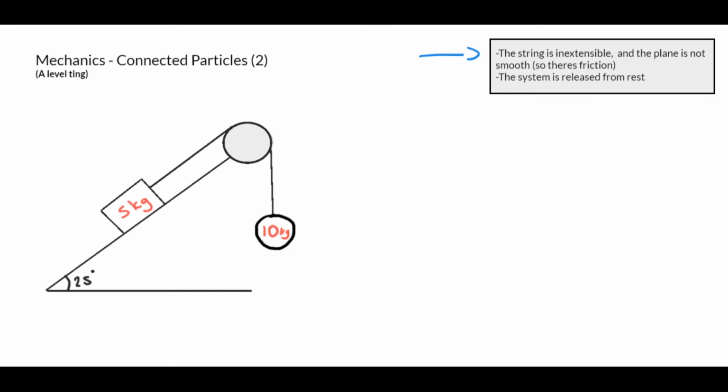Next thing, it says the plane is not smooth. If the plane is not smooth, and by the plane they're talking about this thing here, the concrete, the floor, you get me? This 5 kg is sitting on the plane, and they're saying it's not smooth. Now, if it's not smooth, therefore, there's friction. I hope you understand what I mean. So basically, let's say you're running up a hill. There's a couple reasons why you get tired.